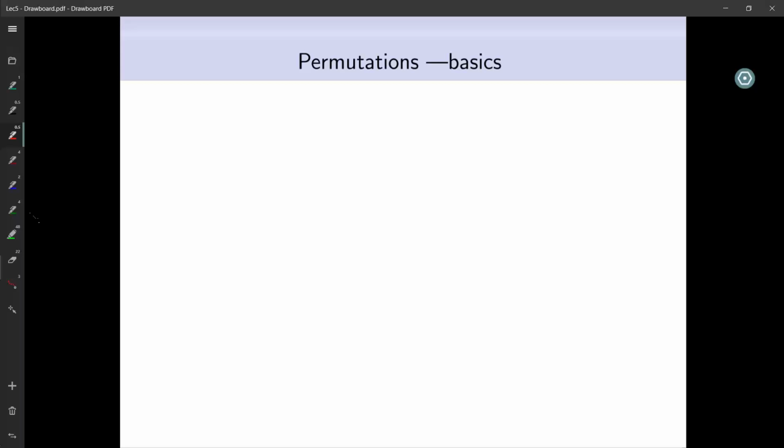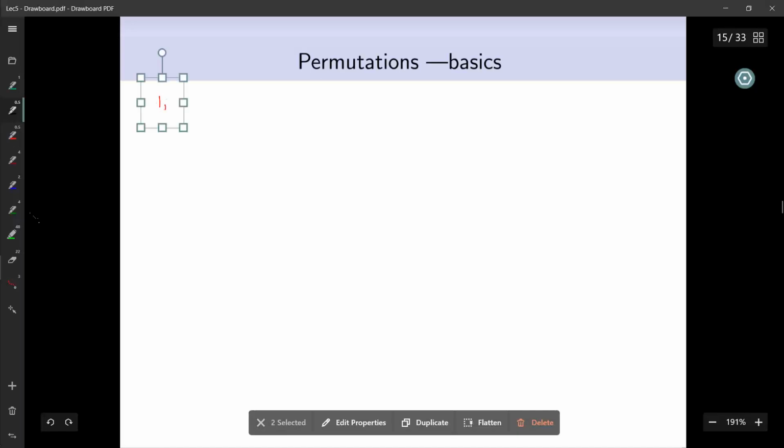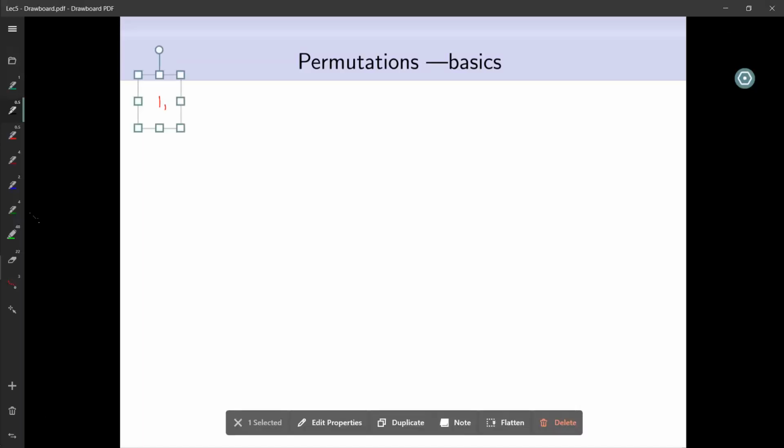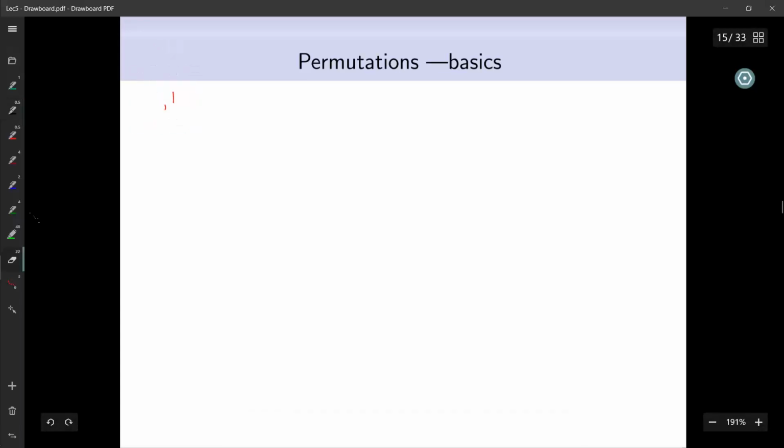Suppose we have n elements, say 1, 2, 3, 4, and so on up to n. We'll have running examples.